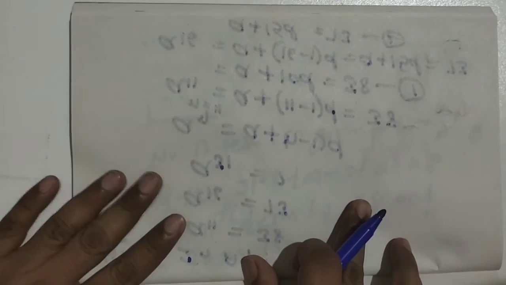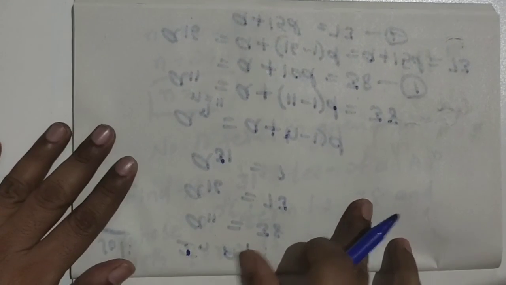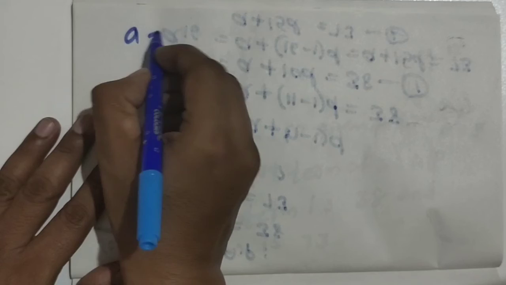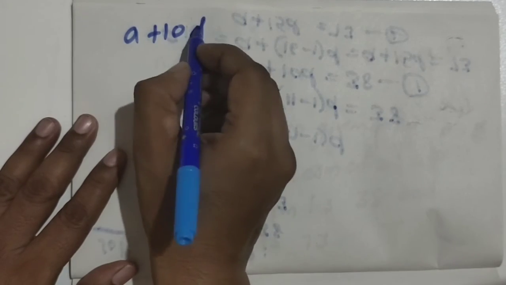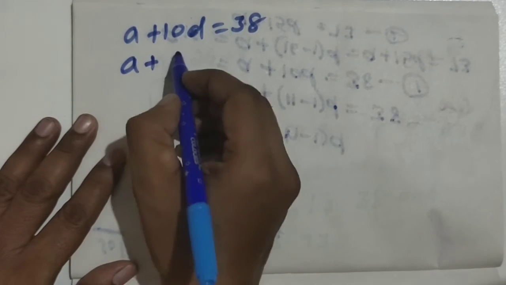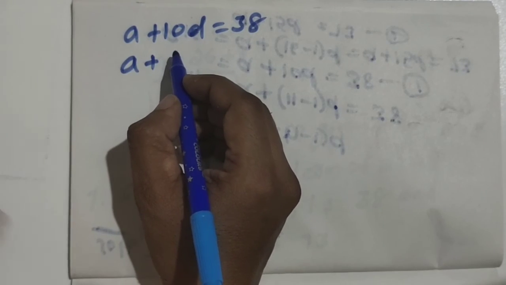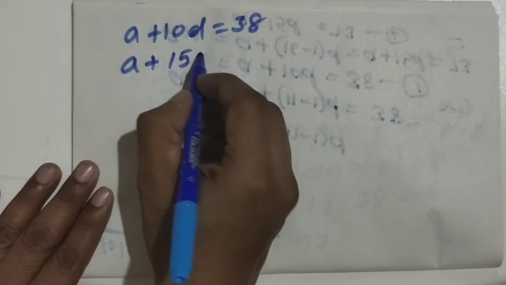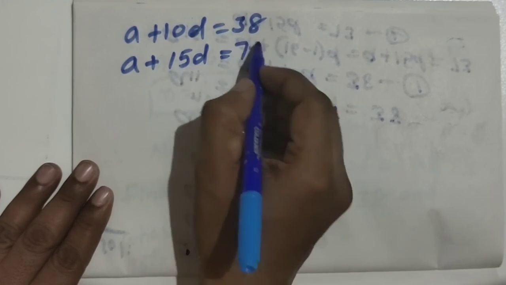a plus 10d is 38, a plus 15d is equal to 73.